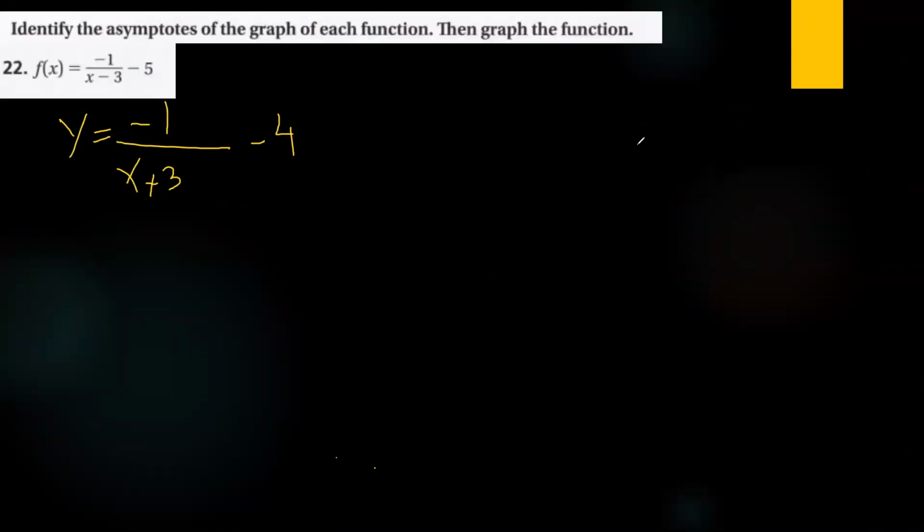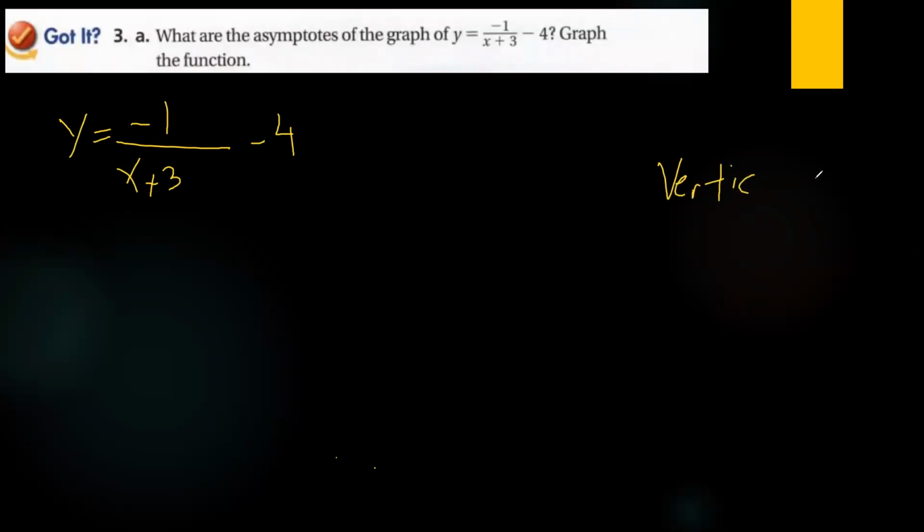Now, the first step, from the equation, you have to find the vertical asymptote, the horizontal asymptote, and find in which quadrant I shall draw my curve.